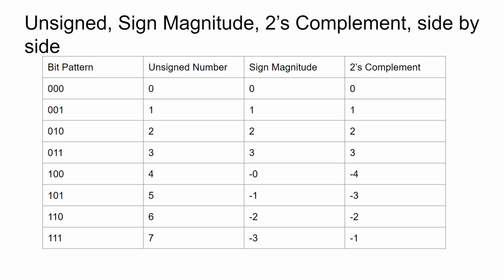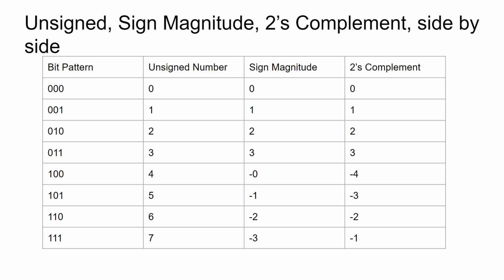Okay. So again, here's seeing all of them side by side, right? And you can see that in each of the number systems, as long as the bits start with 0, they use the same representation for all positive numbers. But unsigned numbers don't represent negative numbers at all.